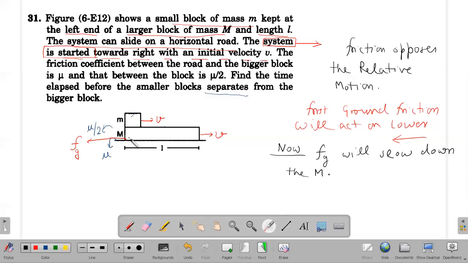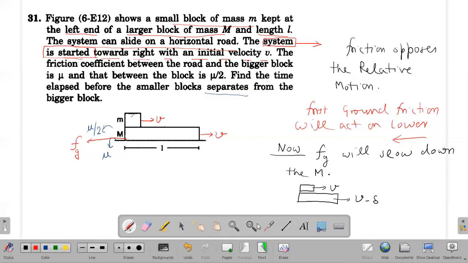If this lower mass slows down due to the friction at the ground, then its velocity will reduce and the upper block will be relatively moving in the forward direction. Suppose the lower block velocity is reduced, it becomes something like v minus delta, and the upper block is still at the velocity of v, which means the upper block is moving faster than the lower block.